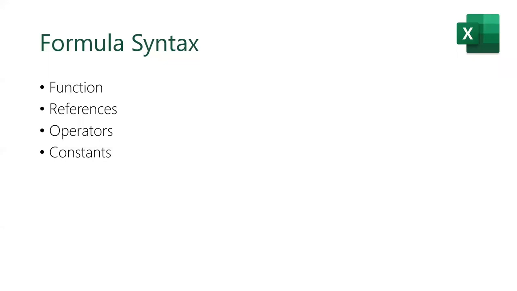Irrespective of whether it has a function or not, it will have some references, or it will have some constants. References means it points to a particular cell which has the value, and a constant means that you have directly entered the value itself. So a formula may or may not have a function, but it will have references or constants, and it will have some operators, right? So we'll take a look at all of these things.